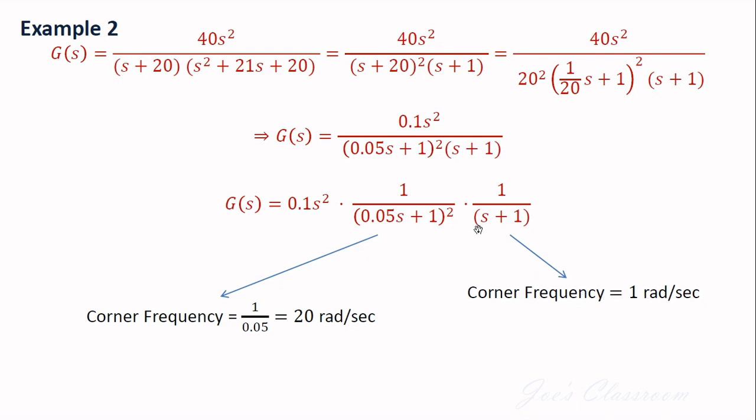Obviously, the third term is having the lowest corner frequency, whereas the second term is having the highest corner frequency. Therefore, the order in which you have to take these terms is this takes up the first position, the second position by this term, third position by this term. So that is going to be the order in which you have to take these terms.